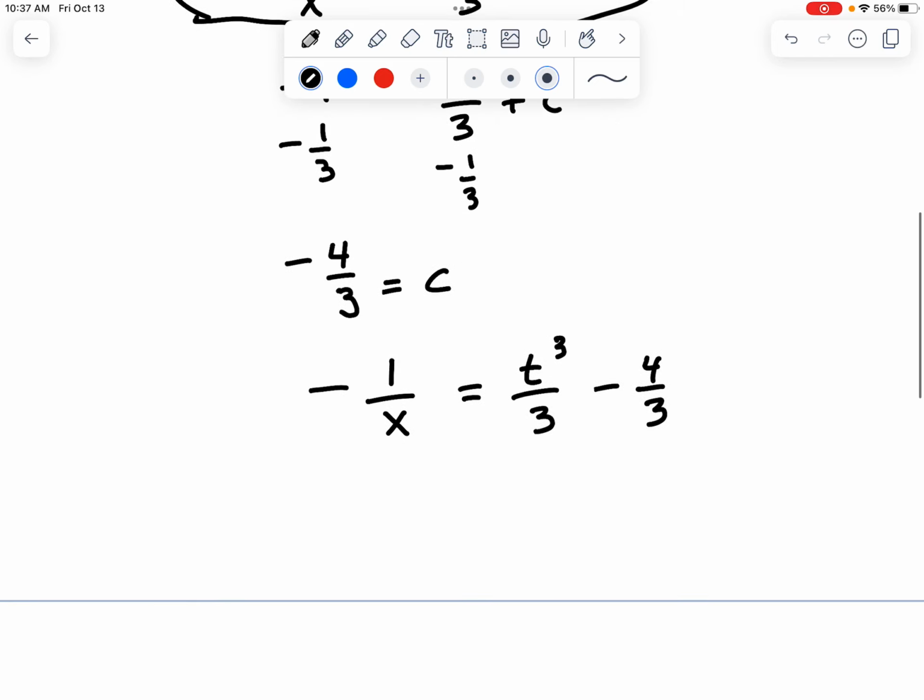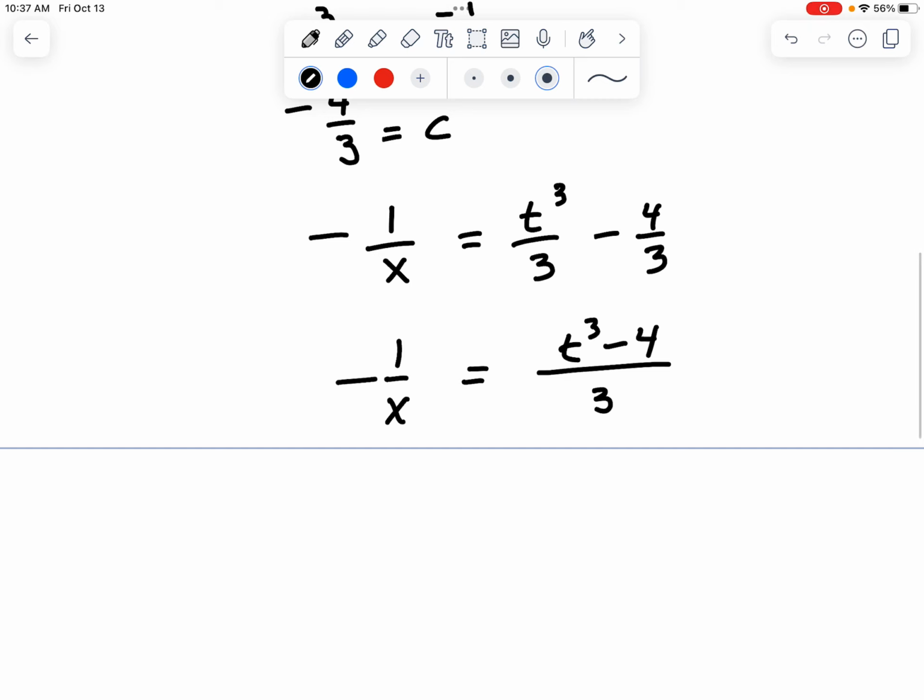And on the right side, I can even combine those. And the reason is I'm going to need to invert, so I might as well just write the right side as one fraction. And now, two things. One is get rid of the negative, so multiply both sides by negative 1.